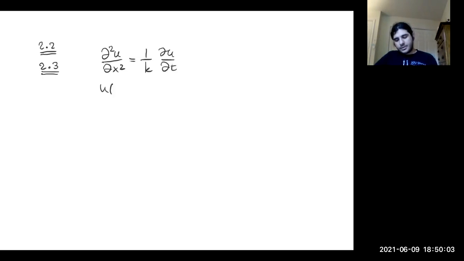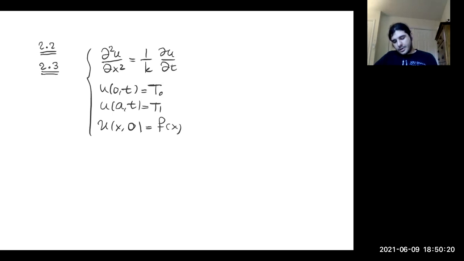For U of 0 and t equal to t0, U of a and t equal to t1, and U of x and 0 equal to f of x.